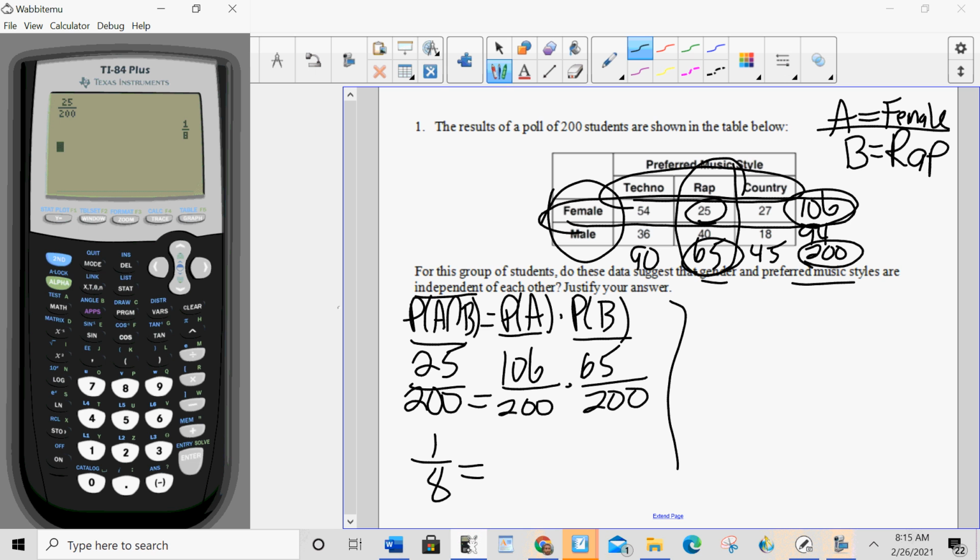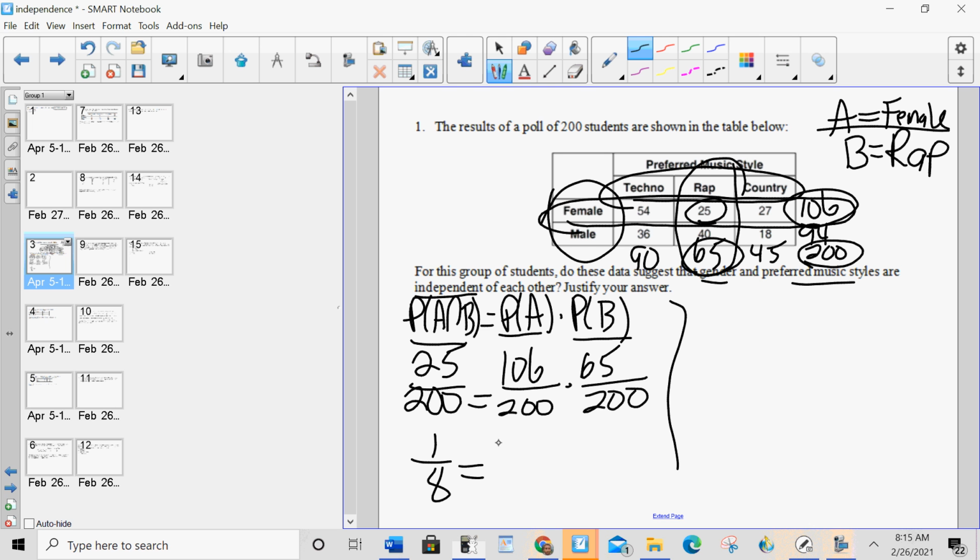And now I'm going to type in alpha y equals enter, 106 over 200 times alpha y equals enter, 65 over 200. 689 over 4,000. So these are not the same.